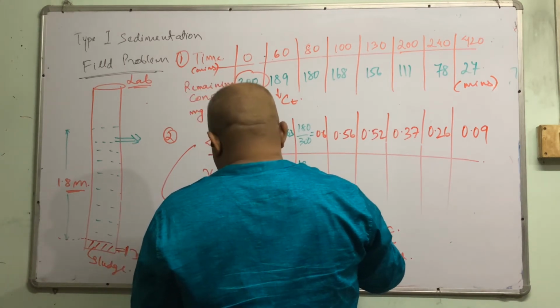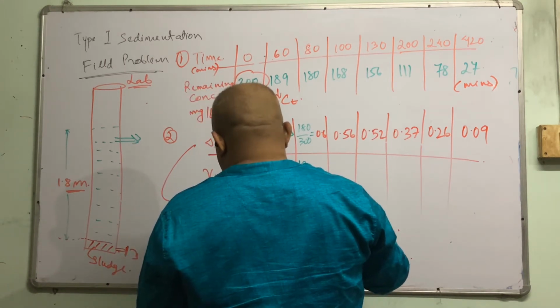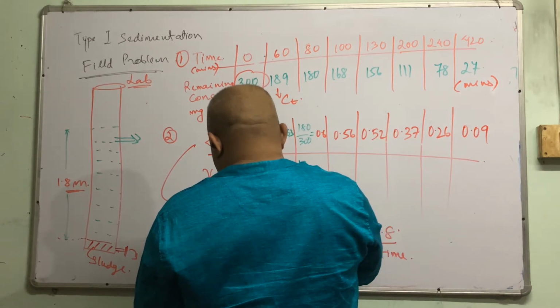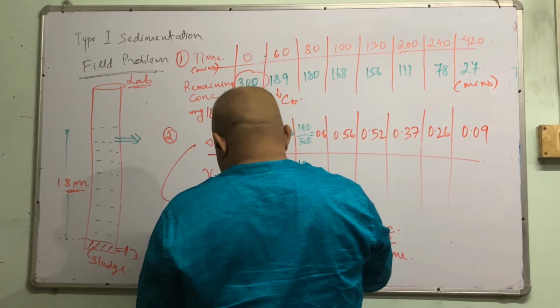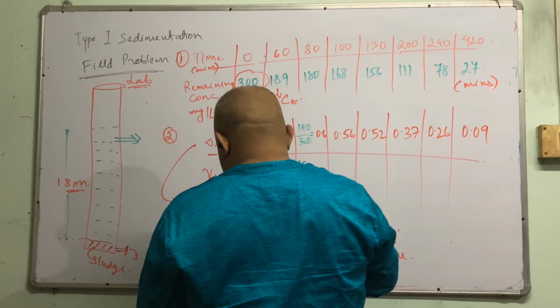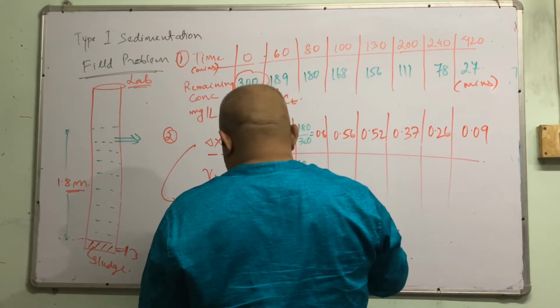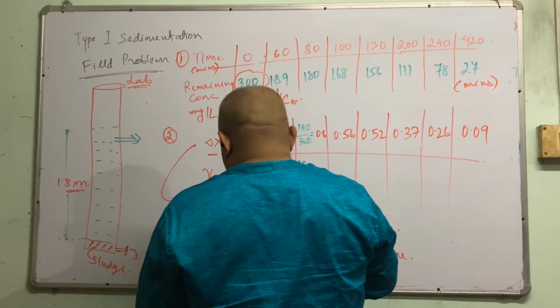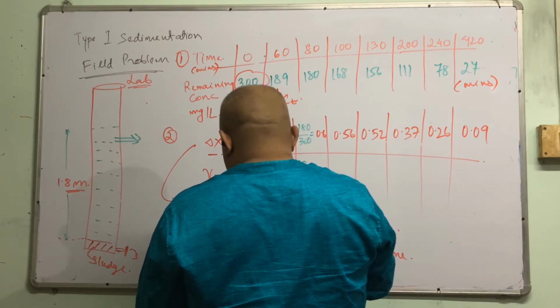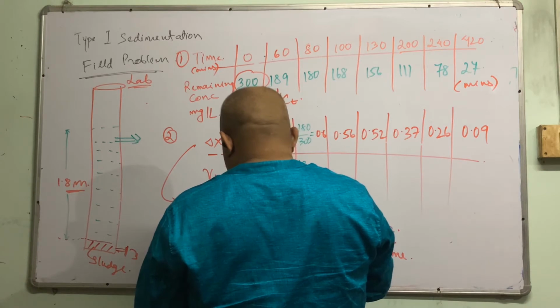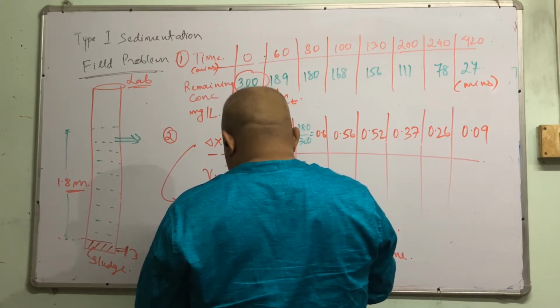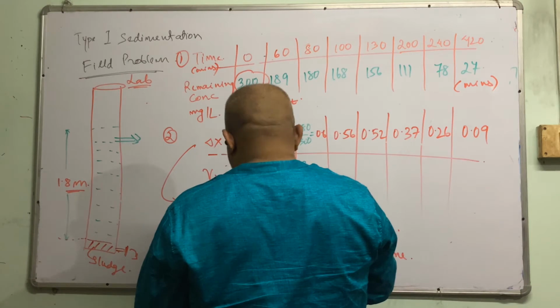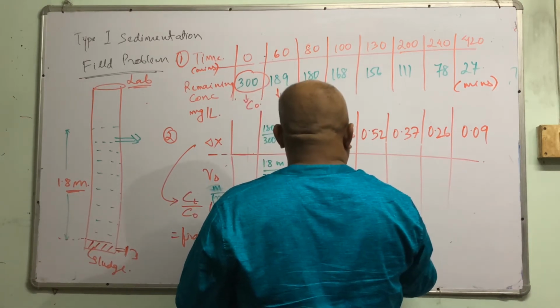It's correct. Settling velocity is distance by time. Distance is 1.8, 1.8 divided by 100, so 1.8 is correct. What is the distance? 1.8 divided by 130 is 1.38.